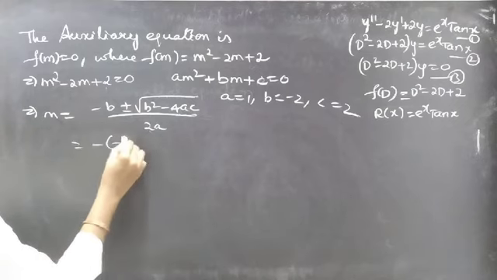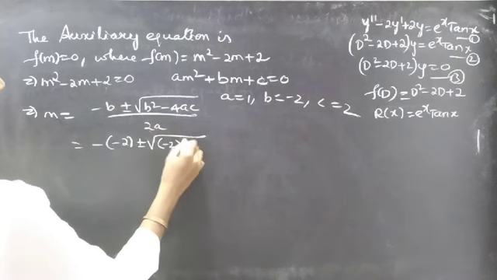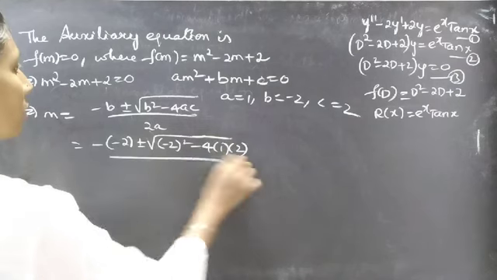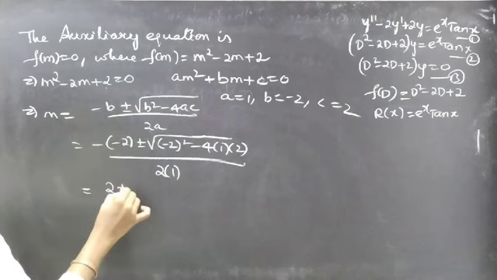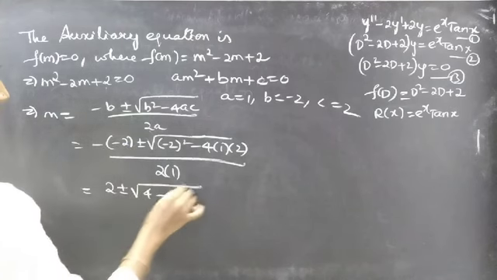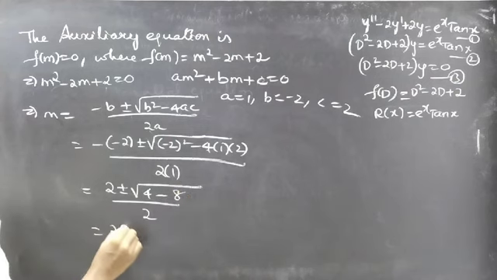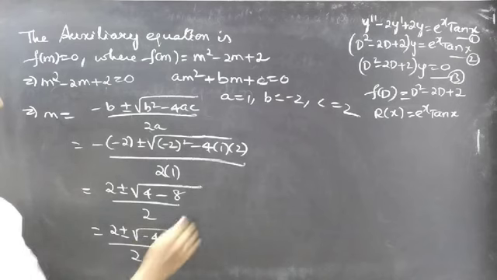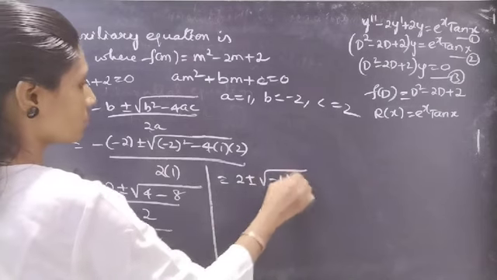We'll get minus of minus 2 plus or minus square root of (minus 2) whole square minus 4 into 1 into 2, by 2a. This equals 2 plus or minus square root of 4 minus 4 twos are 8, by 2. This equals 2 plus or minus square root of 4 minus 8, which is minus 4, by 2.